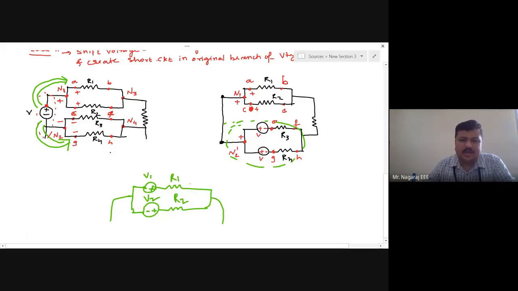So here I am using the source transformation technique. There may be some circuits where source transformation will not serve. We will come to examples. When we solve examples on source shifting, you will come to know that. There may be times when source transformation alone will not be helpful for me to reduce the circuit.